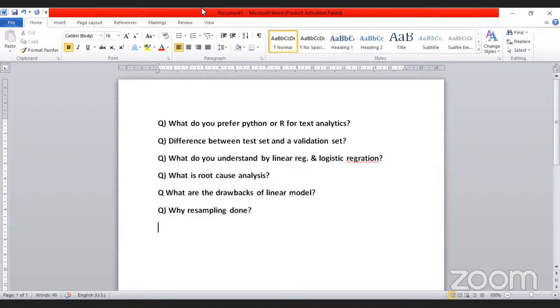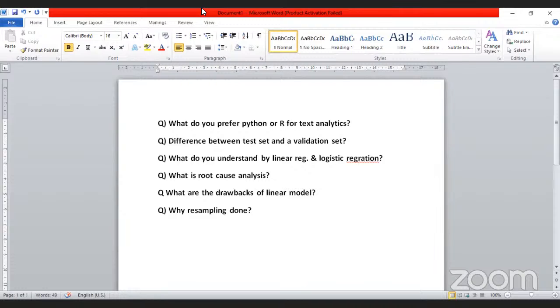Resampling is the method that consists of drawing repeated samples from the original data samples. It is a non-parametric method. There are some types of resampling, like randomization, Monte Carlo, and bootstrap.